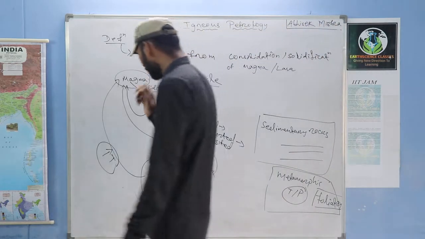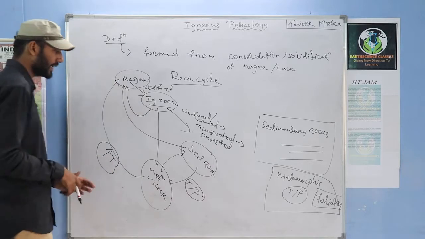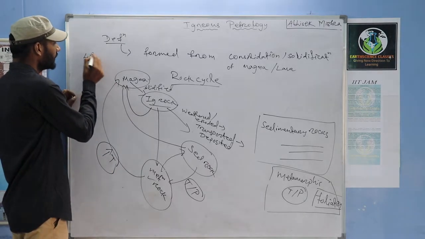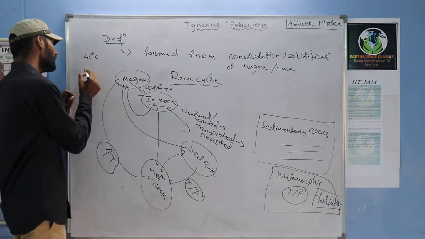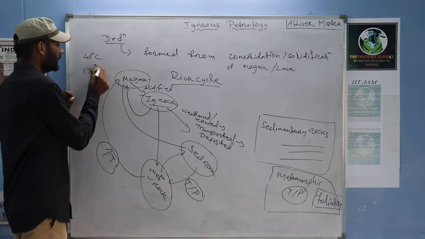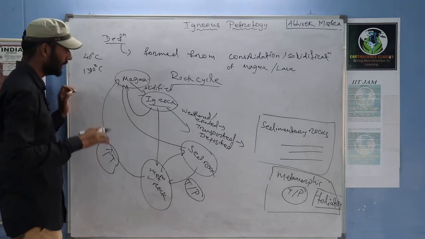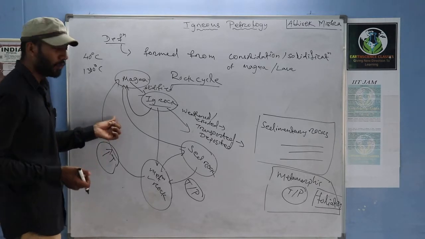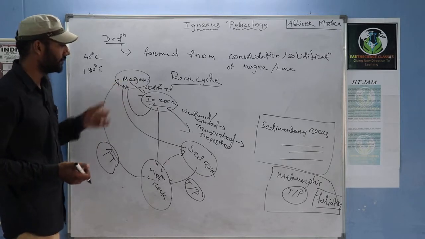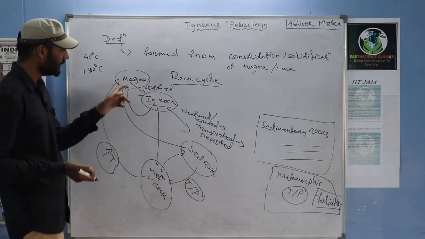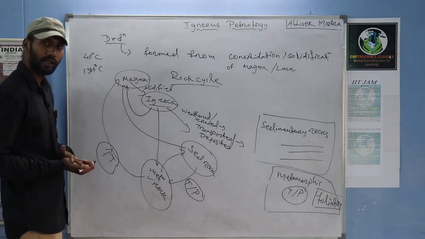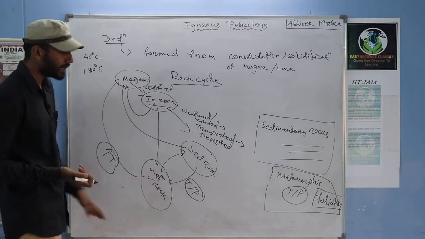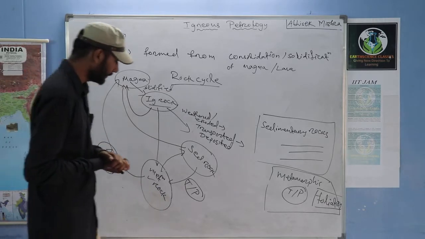If I increase the temperature at a higher rate, say the rock is formed at 40 degrees centigrade and I increase its temperature to, let's say, 1300 degrees centigrade, that will be melted. That melt will again be called magma. That magma again recrystallizes to form igneous rock, and then the cycle continues, right?